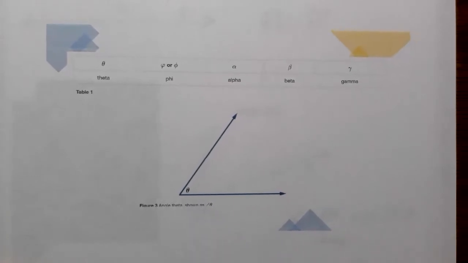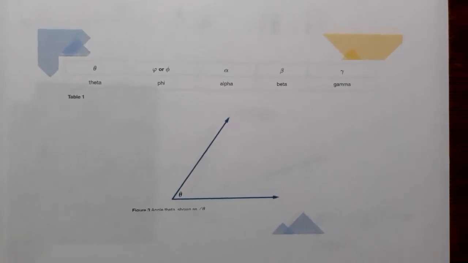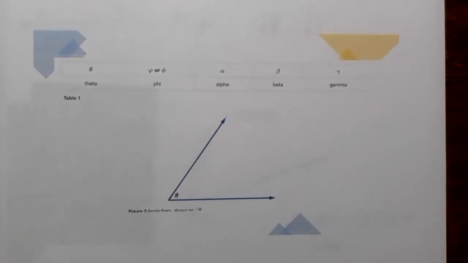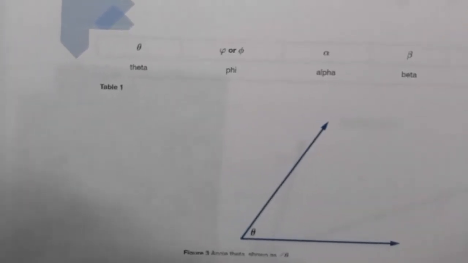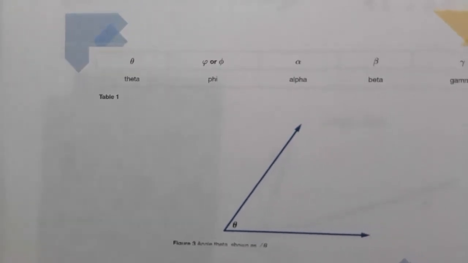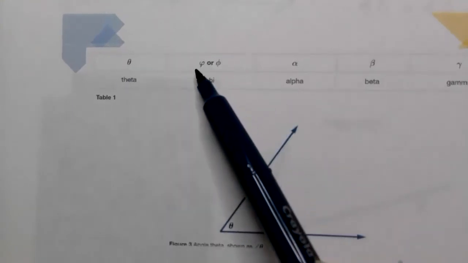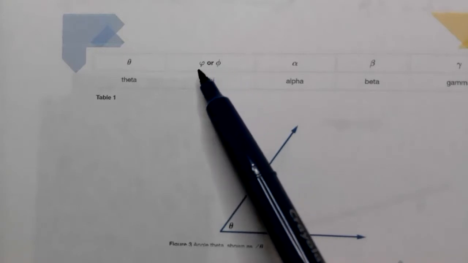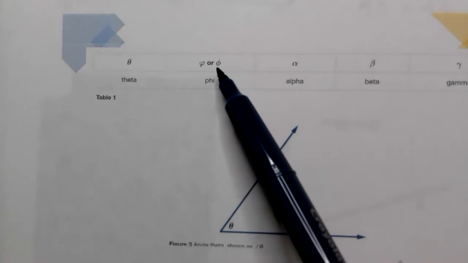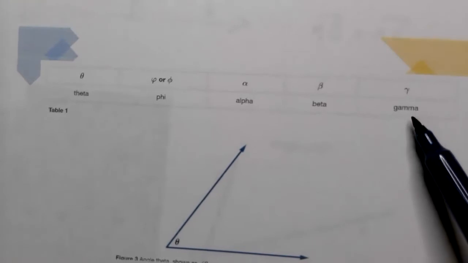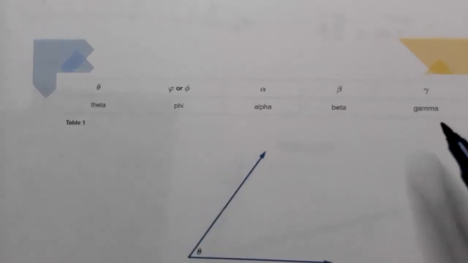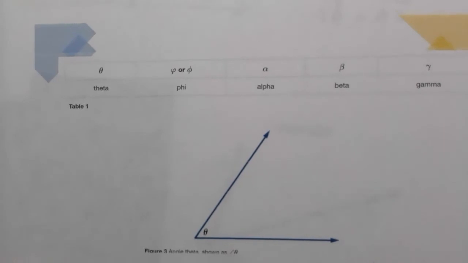In this case, the common Greek letters that are used, I'm going to zoom in a little bit, are theta, phi, which could be written in two different ways, I think this is cursive and this is printed, also alpha, beta, and gamma. These are the most common letters used to identify angles.